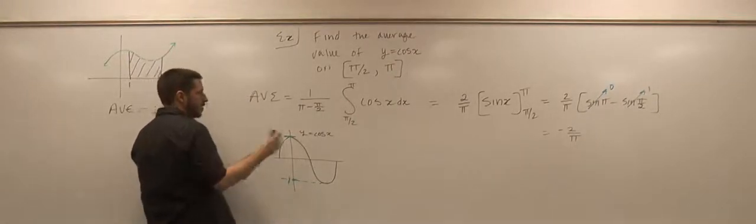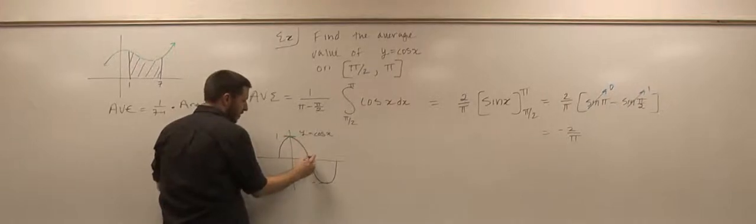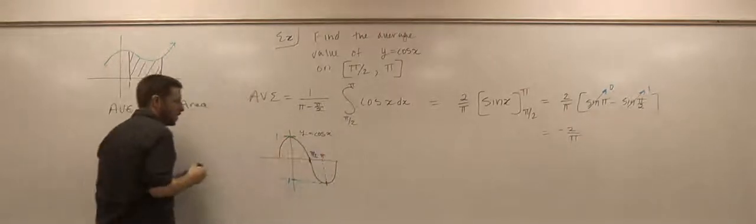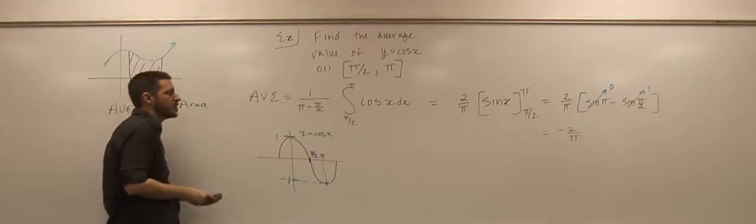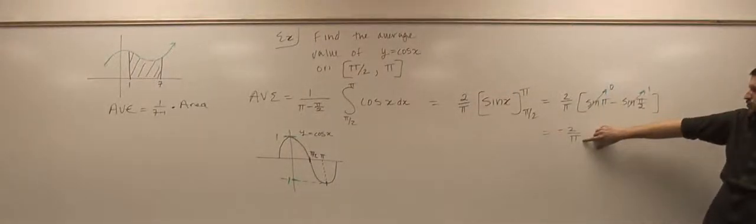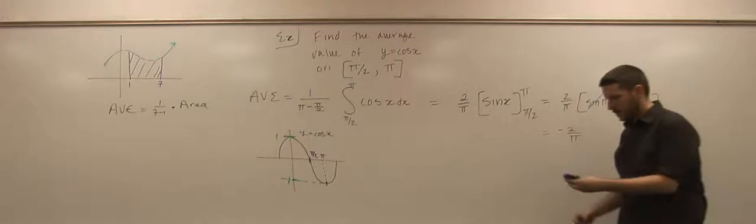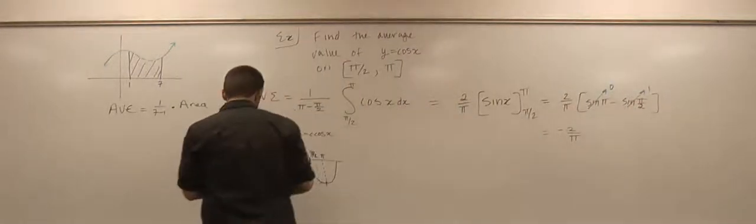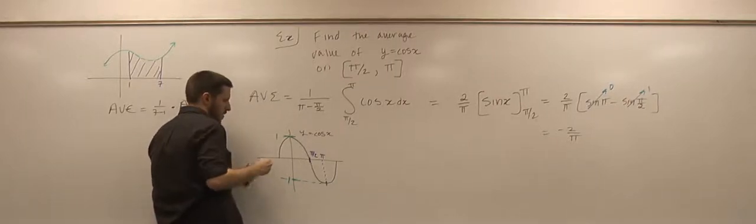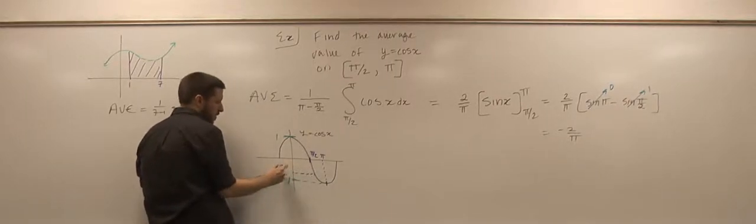On this interval, from pi over 2 to pi, the average value of my function is negative 2 over pi. So about negative 2/3, right? Because pi is 3.14.